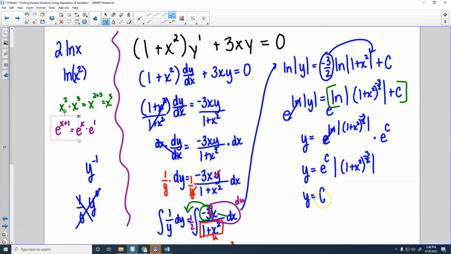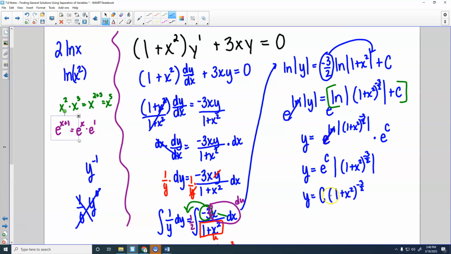If I have a c right here, do we know if that c is positive or negative? We do not. So I don't really need the absolute value bars here anymore either, because that c could be positive or negative, which would take care of those absolute value bars. So we could write it as c times 1 plus x squared to the negative 3 halves.